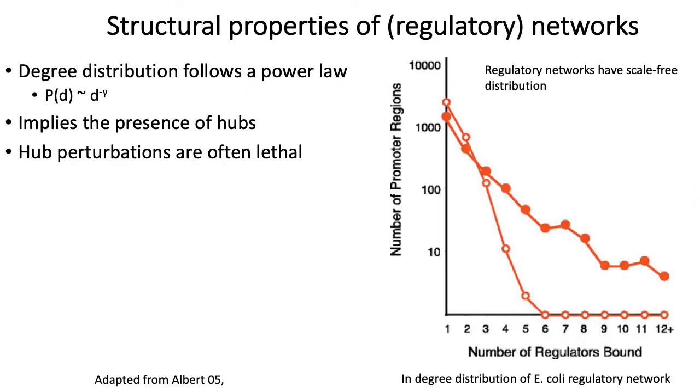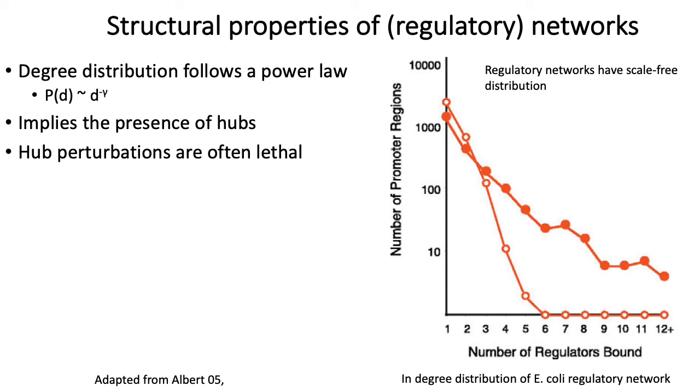So one of the recurring features that people seem to see in a lot of different types of networks, including PPI networks, genetic interaction, regulatory and co-expression networks, is that a lot of these networks seem to be scale-free. And so what it intuitively means to be a scale-free network is that most nodes in your network will have very low degree.